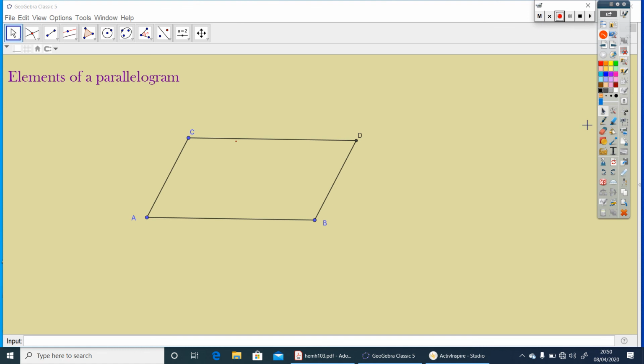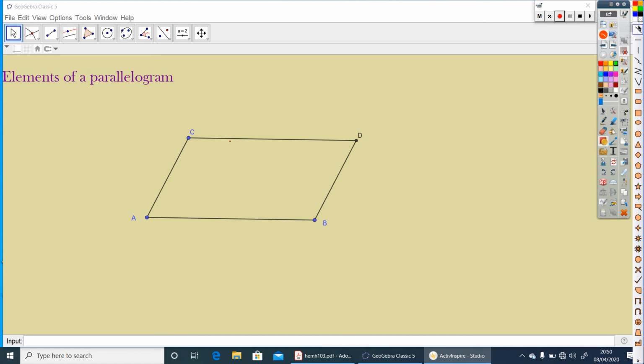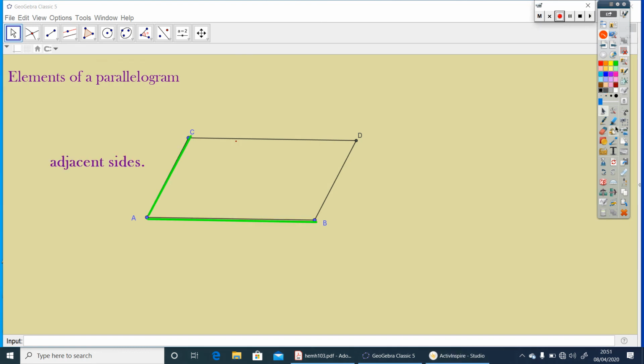Now, look at the sides AB and AC. These two sides are nearby sides. So, this pair of sides we can call adjacent sides. Can you say what the other pairs of adjacent sides are?